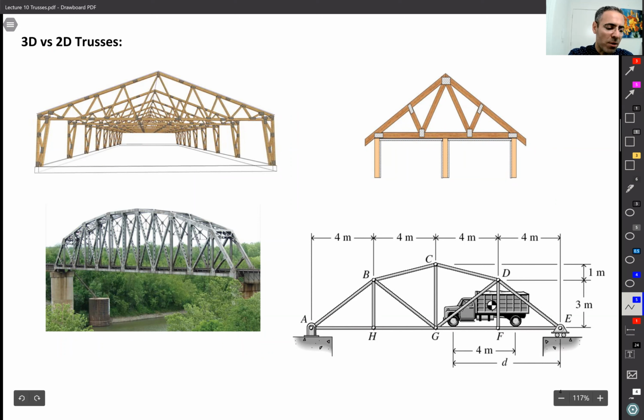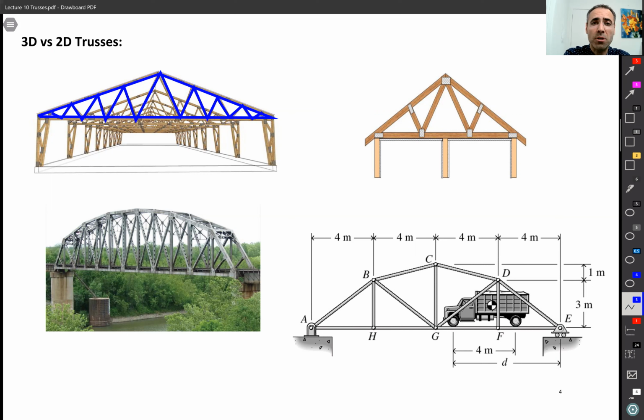Like in this house at the top that you see, if I just look at one layer of these trusses, which are parallel to each other, then I can say that all of these links are in one plane. So if I analyze just one truss in this structure, the rest are basically the same.